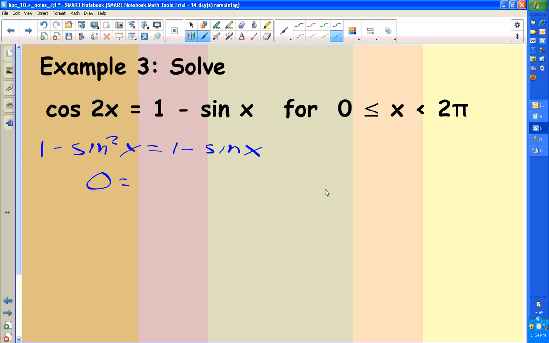What do you want to do? 2 sine squared x minus sine x.